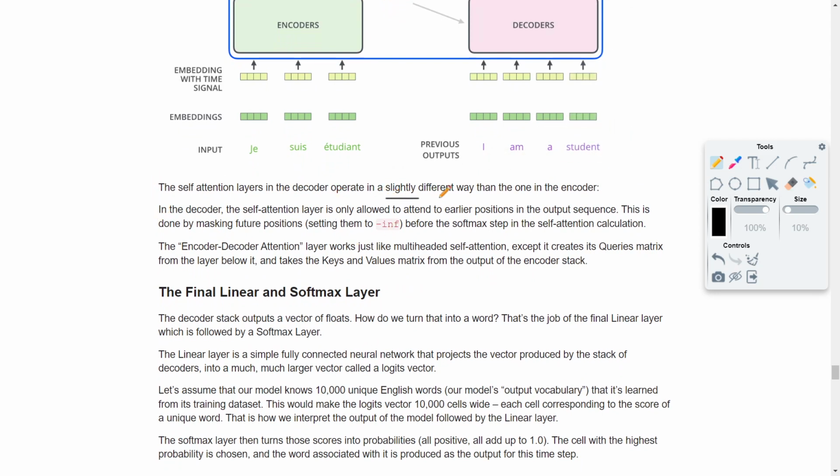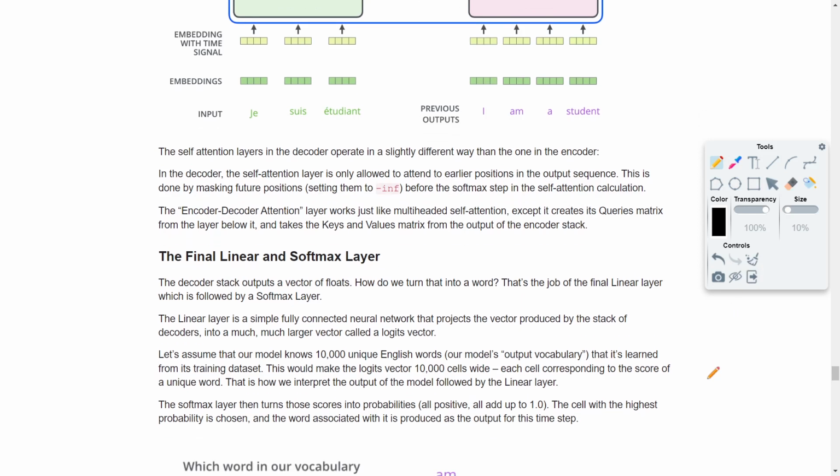They operate in a slightly different way, and the decoder is only allowed to attend to earlier positions in the output sequence, so we mask all the future positions by setting them to minus infinity before the softmax step. The encoder-decoder attention layer works just like multi-head self-attention, and the only difference is that we mask the values.